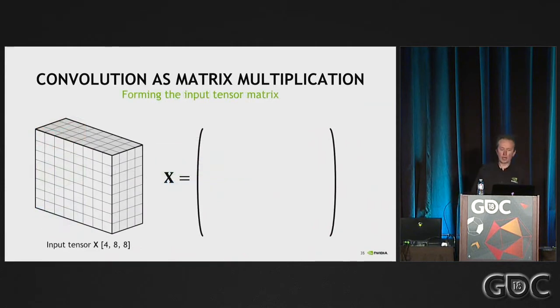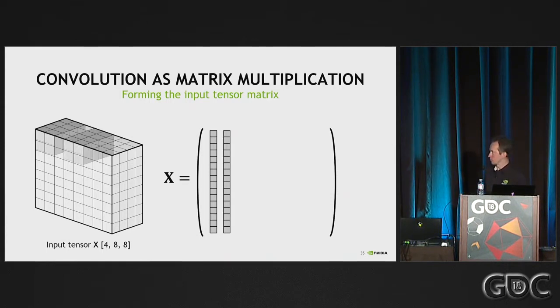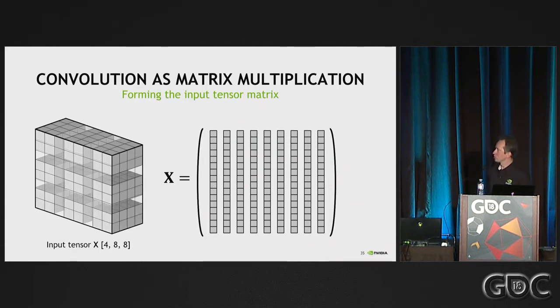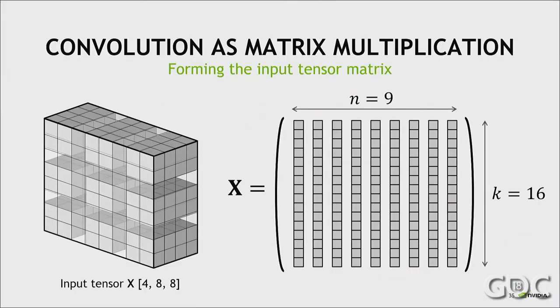And next, we do the same for the actual input tensor, where we take all the elements corresponding to filter footprints according to the strides and other parameters of the convolution operation, and we write them out as matrix columns this time, right? So in this case, our matrix will contain 16 rows and 9 columns, right?